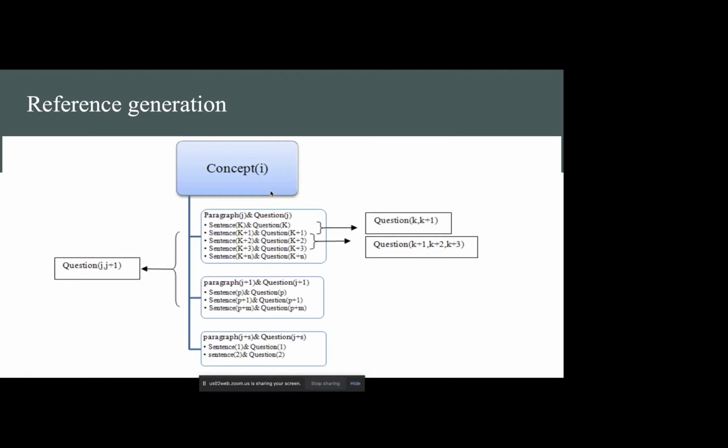While coming to the reference annotations, here is an example. For all paragraphs, there are certain types of sentences. For each sentence, there is a question, for k to k plus 1, and for each question and for each paragraph sentence, there is a main question called question j and j plus 1.